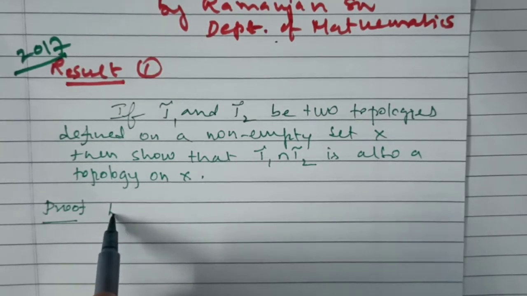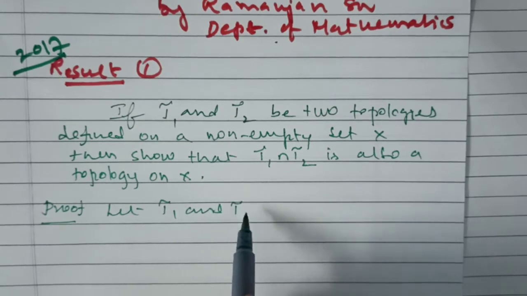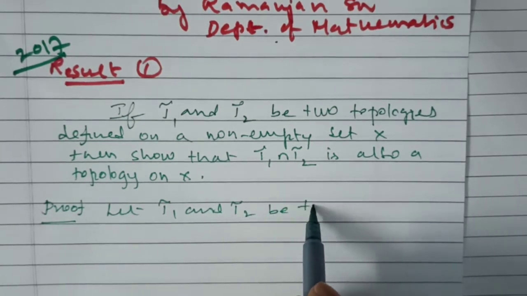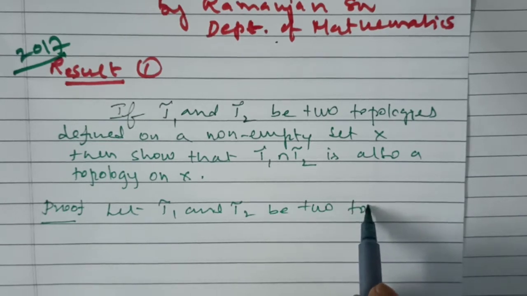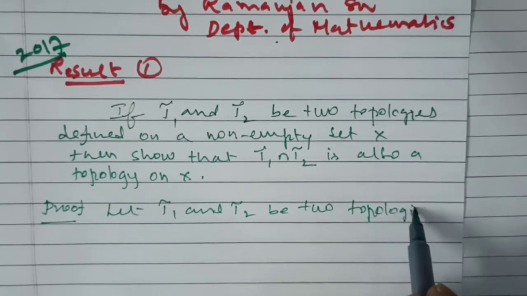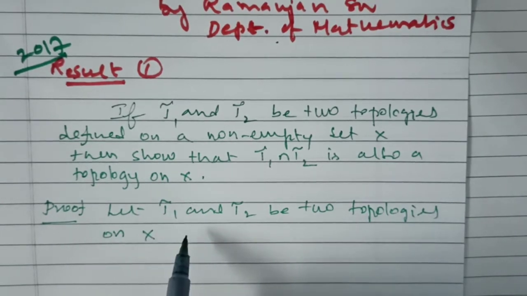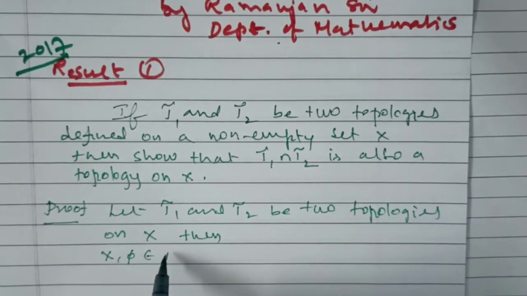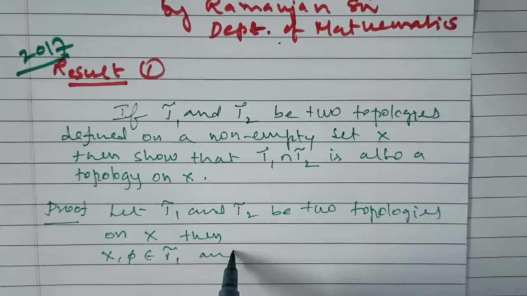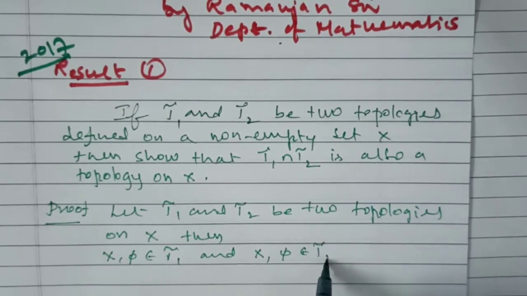Let τ1 and τ2 be two topologies on X, then X, phi belongs to τ1 and X, phi belongs to τ2.